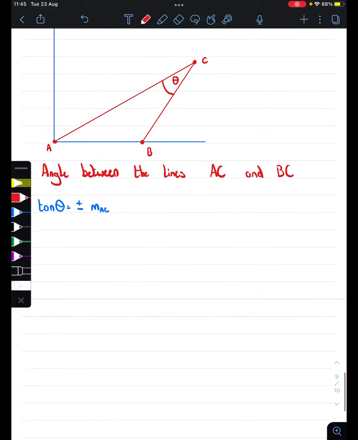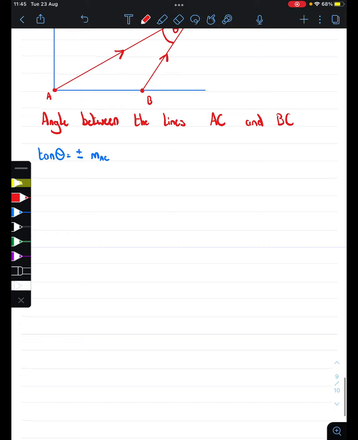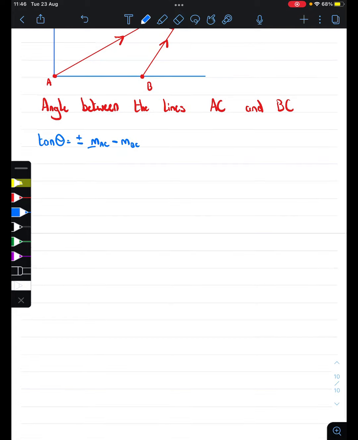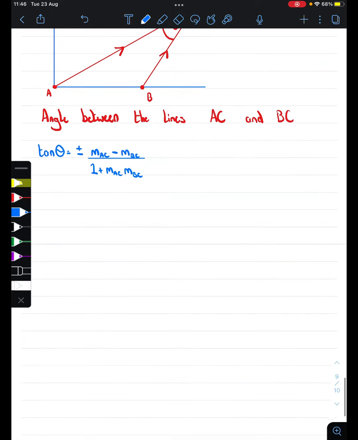So the angle between this line and this line. So MAC minus MBC all over 1 plus the product of them. Okay, and now, well, this begs the question, what are the slopes of these lines?